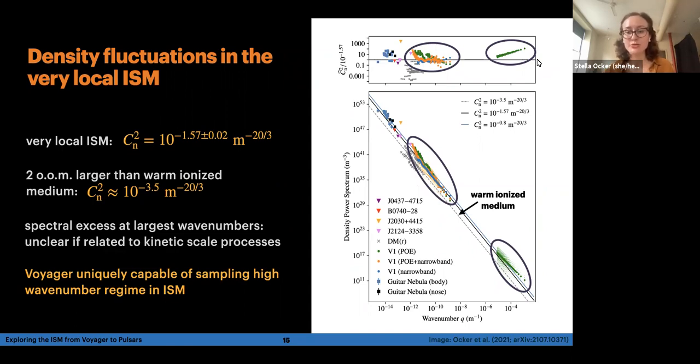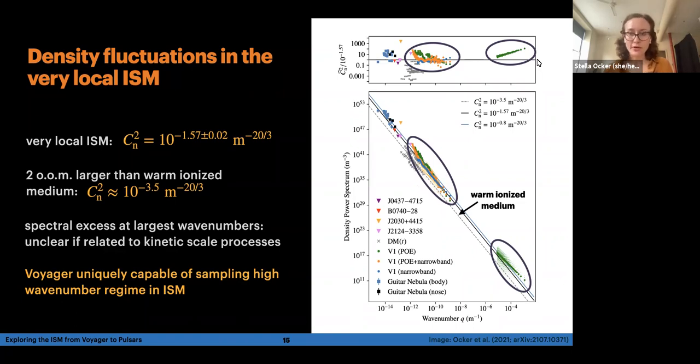These are scales approaching the proton gyro radius and the inner scale of the wave number spectrum. But it is really unclear whether the spectral excess could have any kind of bias from the techniques that we're using to extract density fluctuations at these very small spatial scales. These are measurements that are really pushing up against the limited time and frequency resolution of the PWS spectrum.